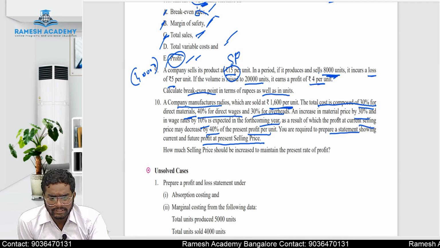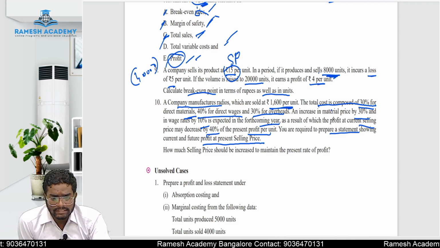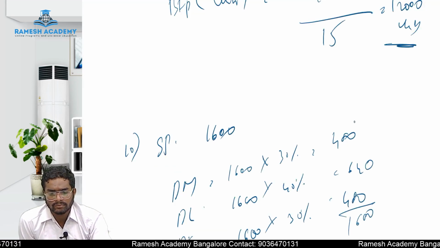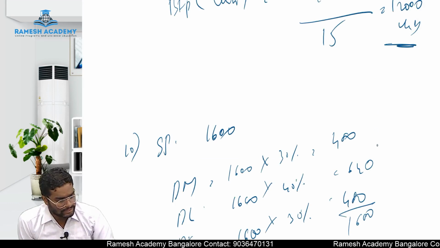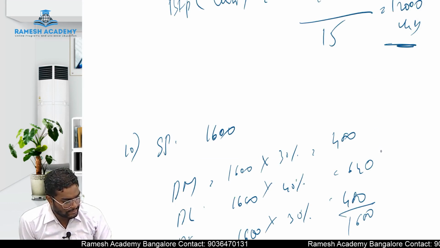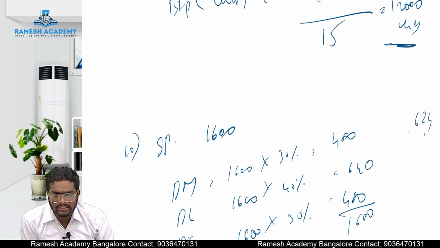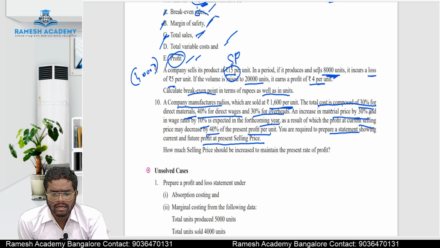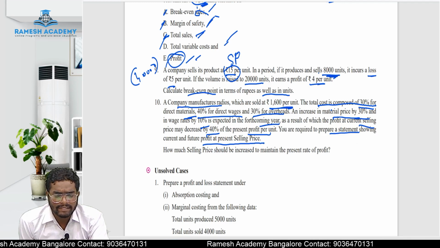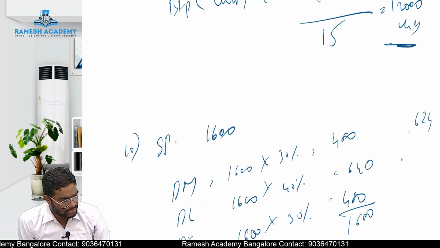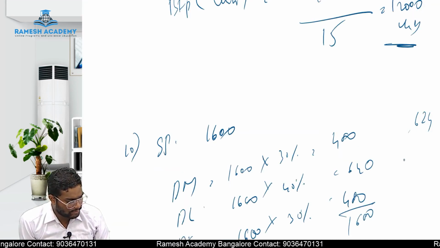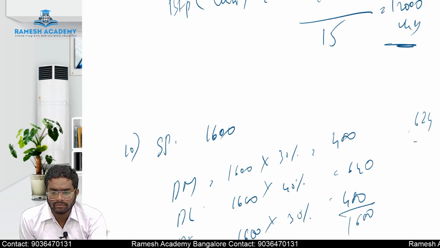Now this is important here. An increase in the material price by 30%. So my increased price is 480 into 1.3, which is 624. I am writing the increased price here. And wage rate by 10%, so 640 into 1.1 is 704.